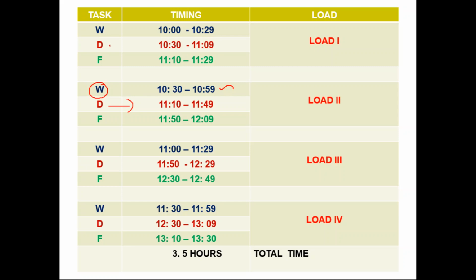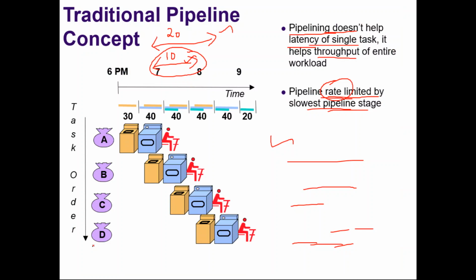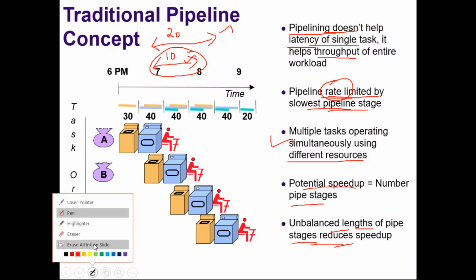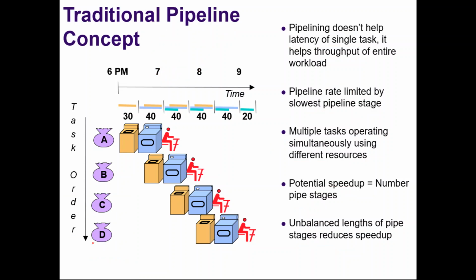If the dryer takes only 30 minutes, let us assume that, then the dryer would complete at 10:59, and it would be available immediately when washing is completed. So from 11 onwards, the second job's drying would have started, if both have the same timing. So that's what we are discussing here: unbalanced lengths of pipeline stages will reduce the speed up. If they are balanced, then that will increase the speed up.